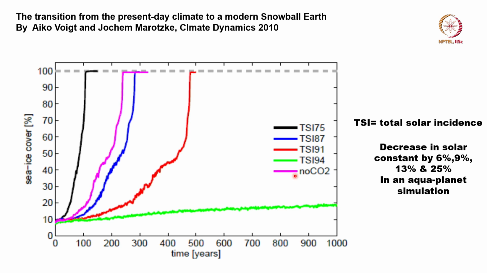So I want you to remember that if CO2 is removed suddenly, Earth's climate will change rapidly. Within 200 years, we'll have an ice covered Earth. So this simulation was very useful to understand this. This is not a real Earth, it is only an ocean covered Earth, but it gives you a lot of insight about the time scales by which Earth's climate can change with an abrupt change in either incoming radiation or carbon dioxide.